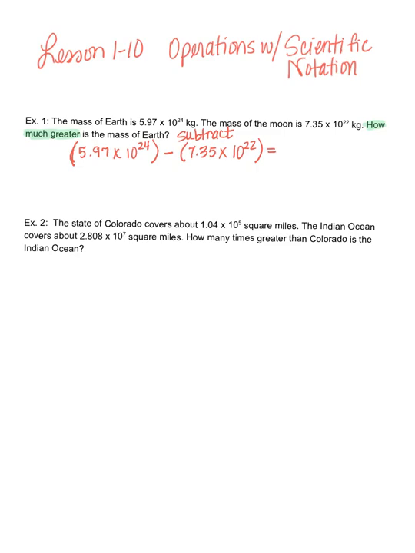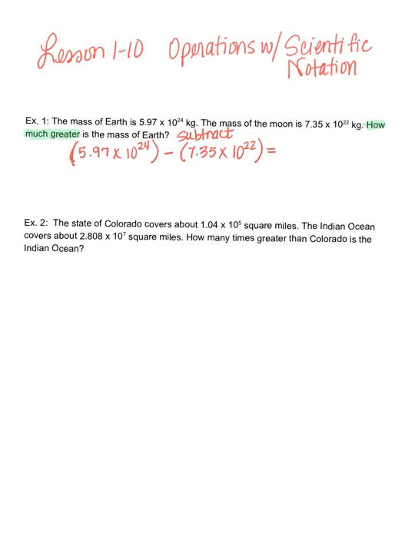I'm going to punch this in the calculator real quick, and I'm going to read it off as I put it in so you can follow along with me. Parenthesis, 5.97 times 10 raised to the 24th power, close parenthesis, minus, open parenthesis, 7.35 times 10 raised to the 22nd power, close parenthesis, and then equal.